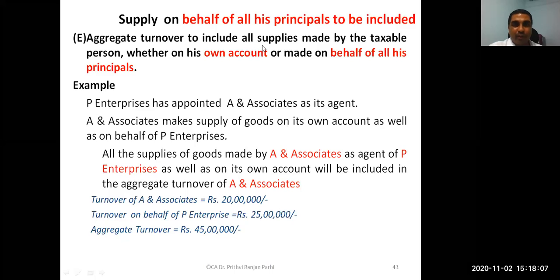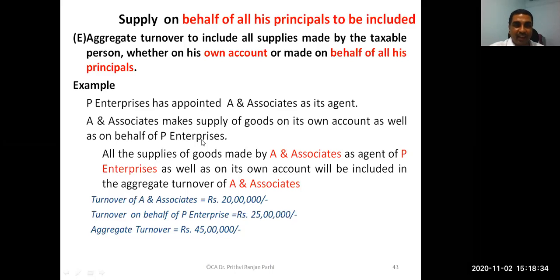Aggregate turnover includes all supplies made by a taxable person, whether on his own account or on behalf of his principal. Here in the example, P Enterprise is appointed by A Associate as his agent. That means A Associate is the principal and P Enterprise is the agent. A Associate makes supply of goods on his own account as well as on behalf of P Enterprise.